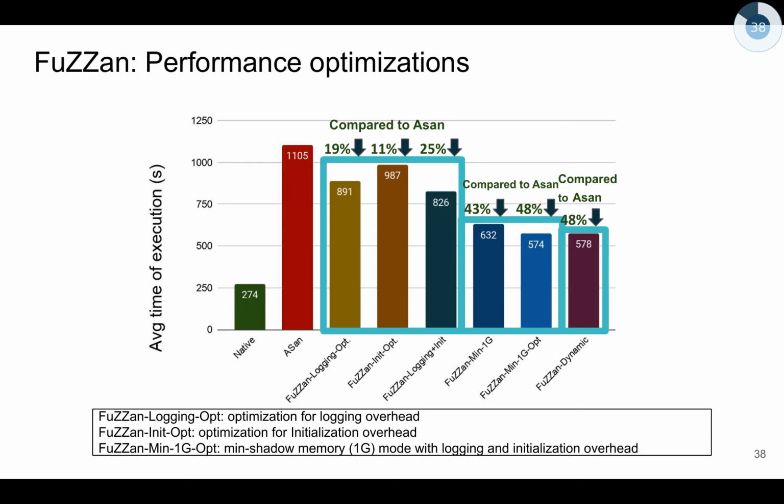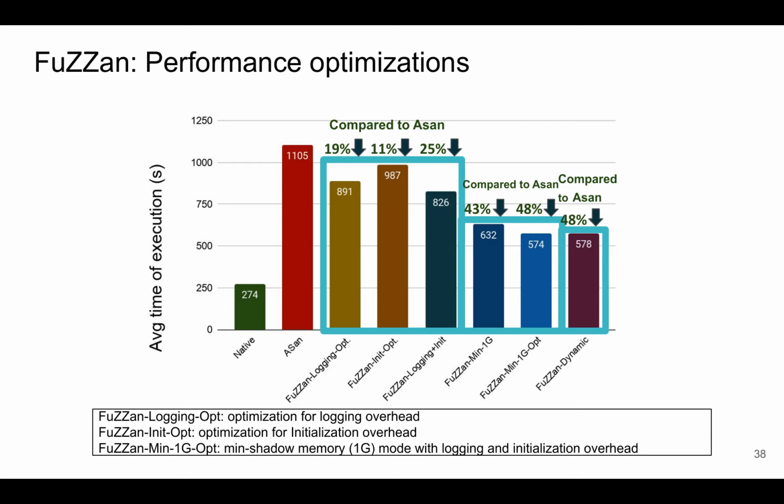So if we compare the different optimizations, if we remove logging overhead, that gives us a 20% speed up. If we move the initialization around, this gives us an 11% speed up. Together, initialization and removing logging gives us around 25% performance boost.